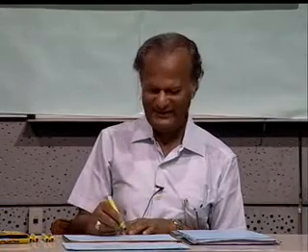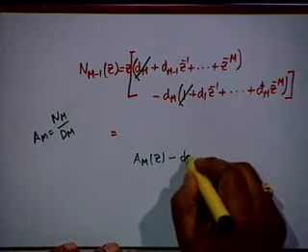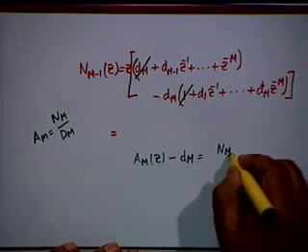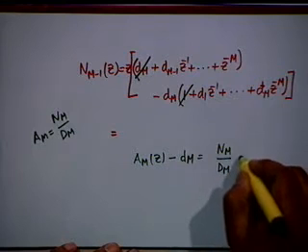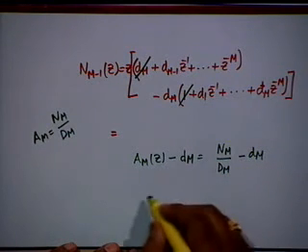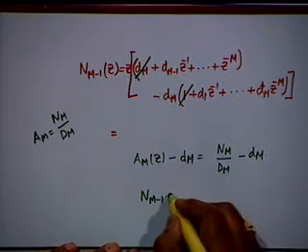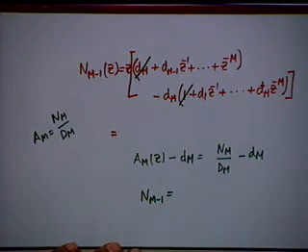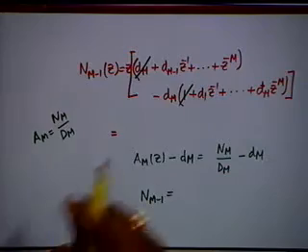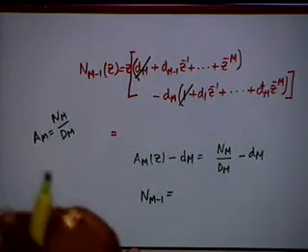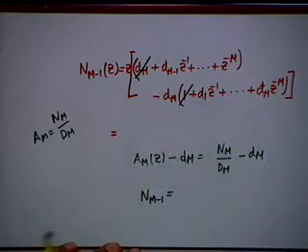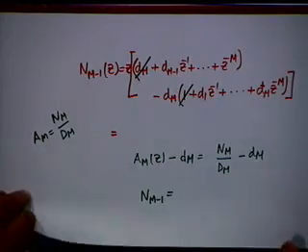Now, Am(z) minus dm is equal to Nm divided by Dm minus small dm. Therefore, N_{m-1}, Dm shall cancel from the denominator also. Well, since there is a confusion, let me not skip the algebra. What was our function?